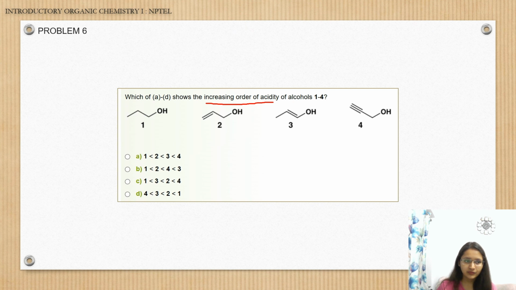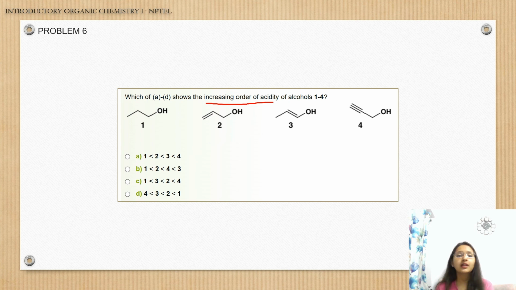Anyone? sp2, sp3, sp, which is the more electronegative carbon? Okay, to cut the story short, the sp carbon is more electronegative than the sp2 carbon, which in turn is more electronegative than the sp3 carbon, right?